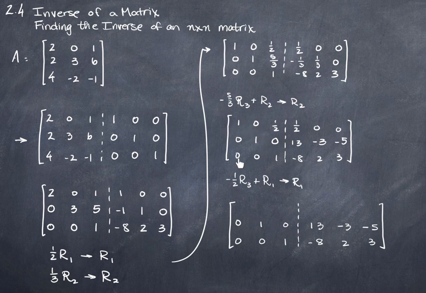Negative 1/2 times 0 plus 1 gives me 1. Negative 1/2 times 0 plus 0 gives me 0. Negative 1/2 times 1 is negative 1/2, plus 1/2 is 0. Negative 1/2 times negative 8 is positive 4. Positive 4 plus 1/2 is 4.5, which is 9/2.